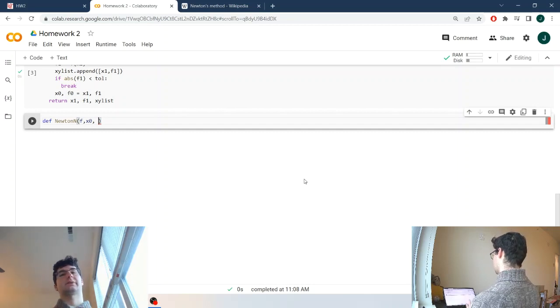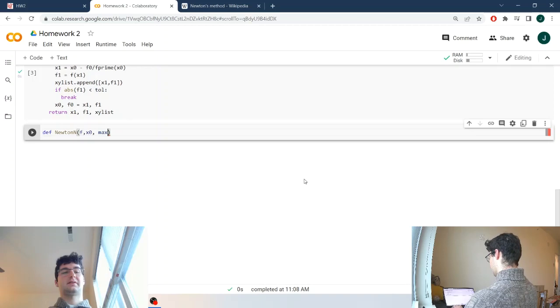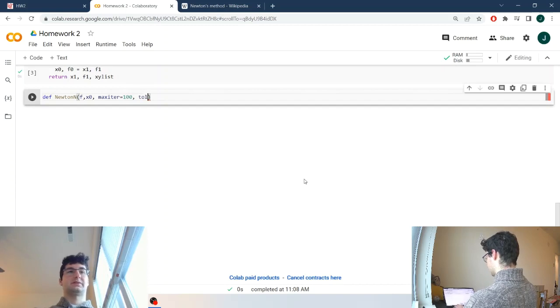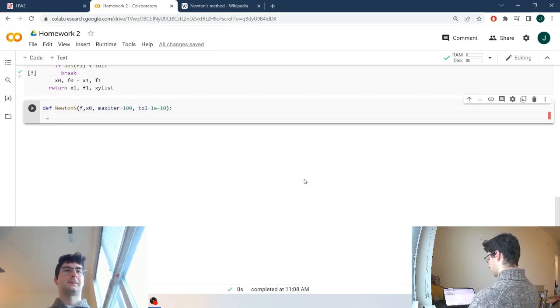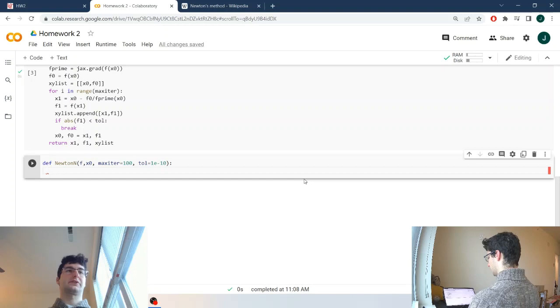It's not just a single value, it's going to be a vector. And our function is going to be all of the functions we need. So we have f, x naught, then our max iteration, 200, and our tolerance equal to 1e negative 10.